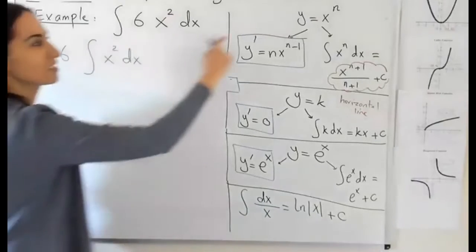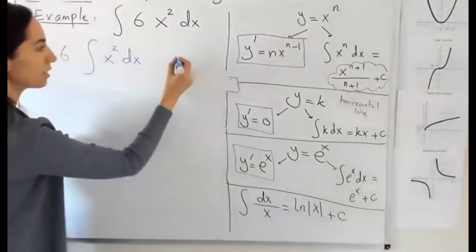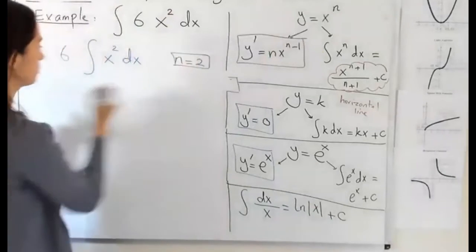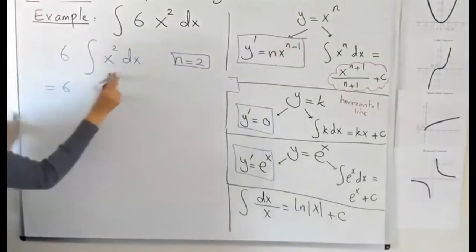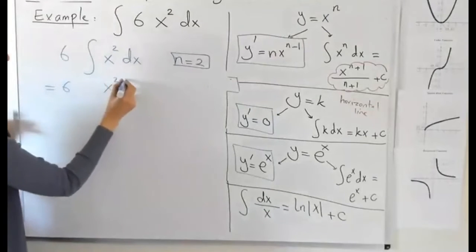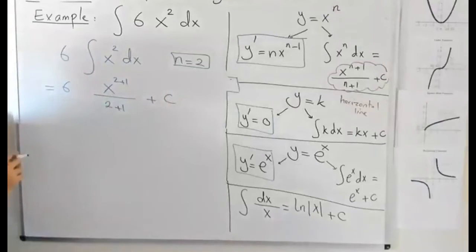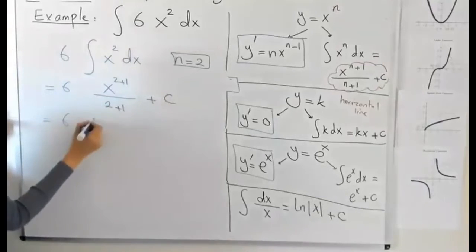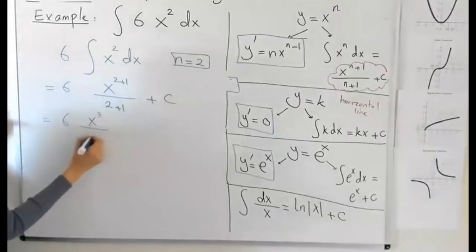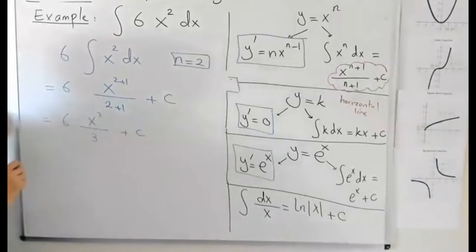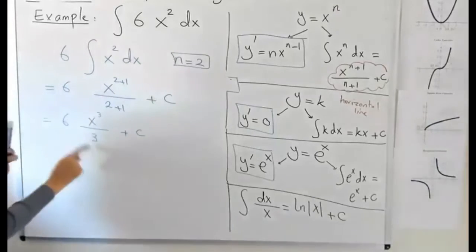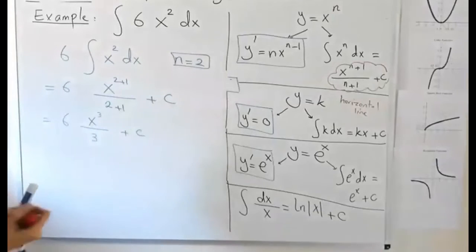X squared, x to the n, n is equal to 2. This is equal to 6 times x to 2 plus 1 divided by 2 plus 1 plus constant of integration. I have 6 times x to the third divided by 3 plus constant of integration. Now you're done with your calculus.